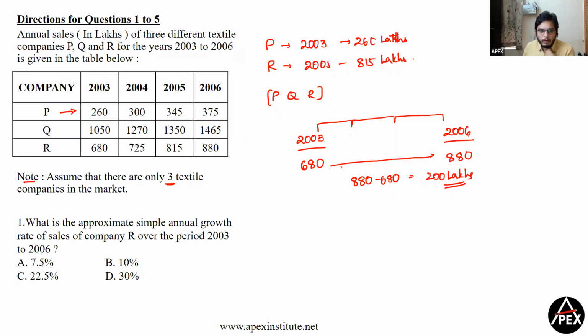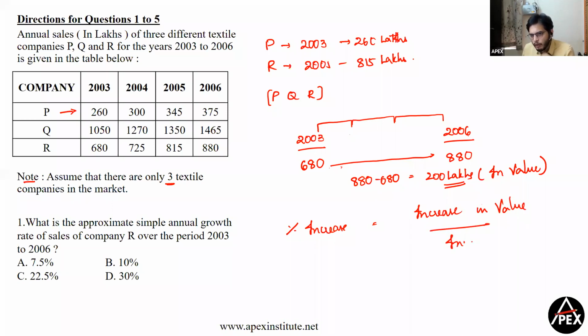Now we need to find the percentage increase. We have found the increase in value. Now how can we find the percentage increase? Percentage increase will be increase in value by initial value into 100, isn't it? This will be the percentage increase.